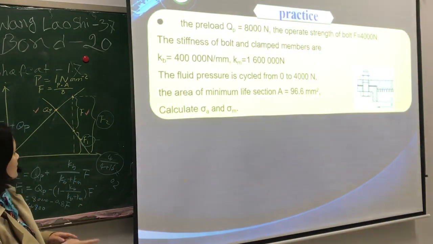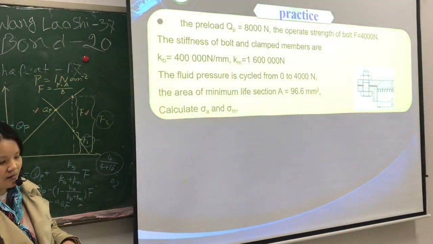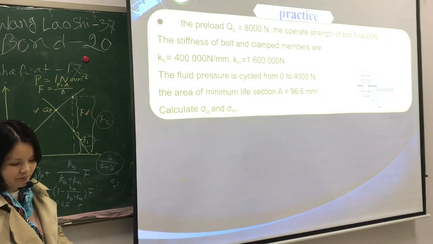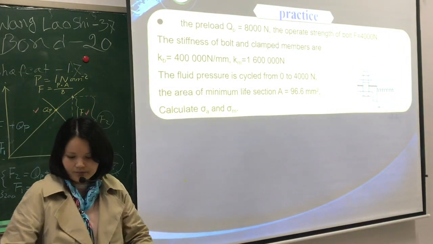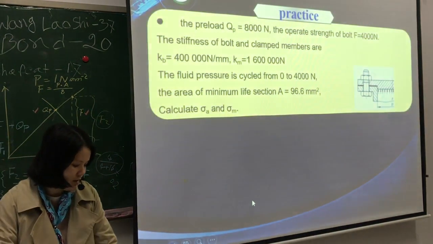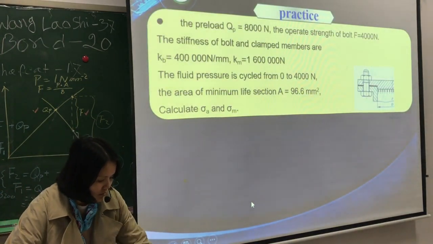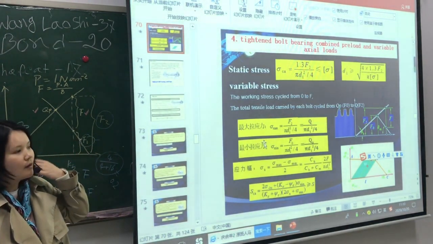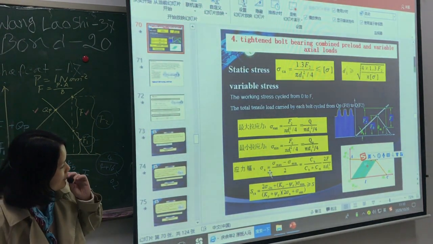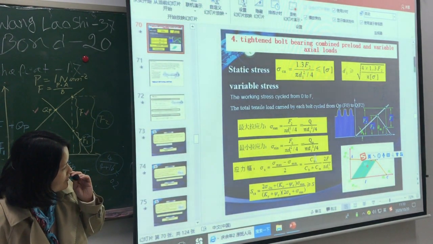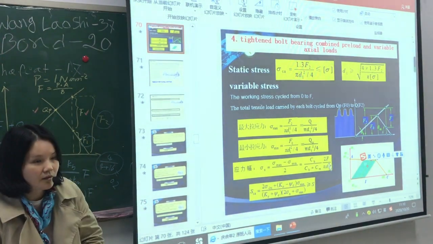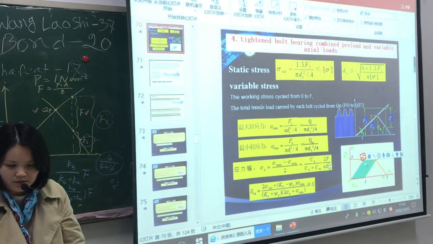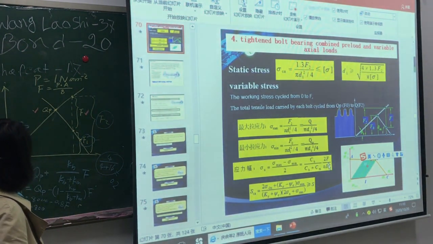And we can use the equation. This, okay, sigma A is this times this. Okay? So calculate this.